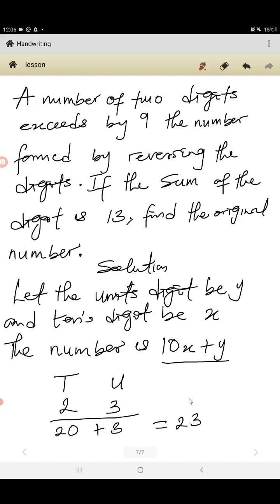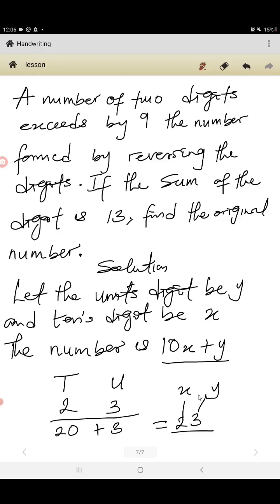So in 23, the 2 is in the position of x and the 3 is in the position of y. So we are still using the same strategy and the same logic to solve this question.